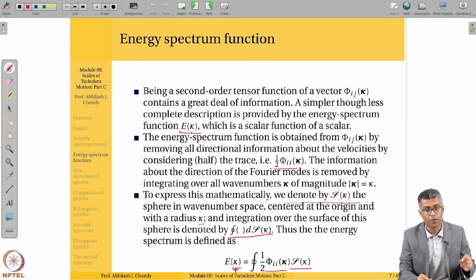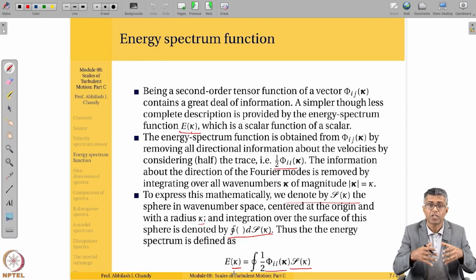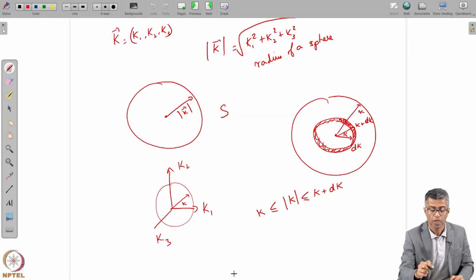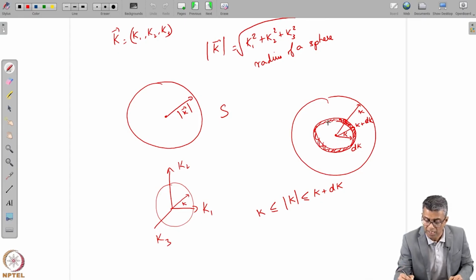When you want to find the energy spectrum function, you are finding the energy in each wave number, meaning in each shell with a radius given by the wave number magnitude kappa, equal to the square root of kappa 1 squared plus kappa 2 squared plus kappa 3 squared. That is what is shown here in the shaded area.